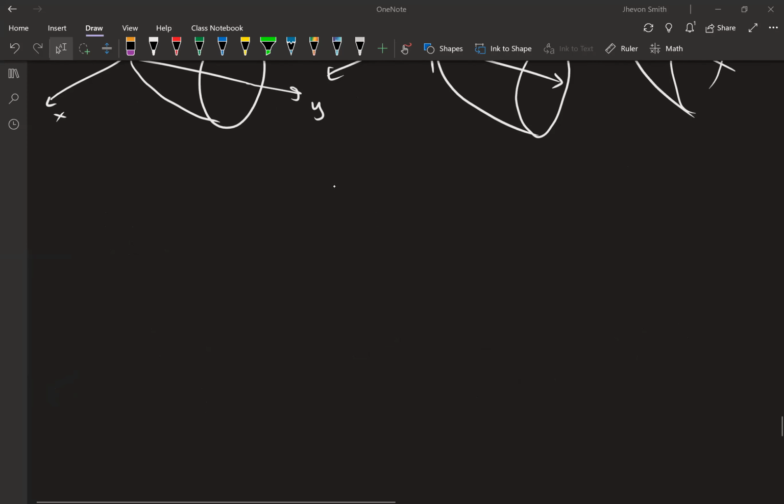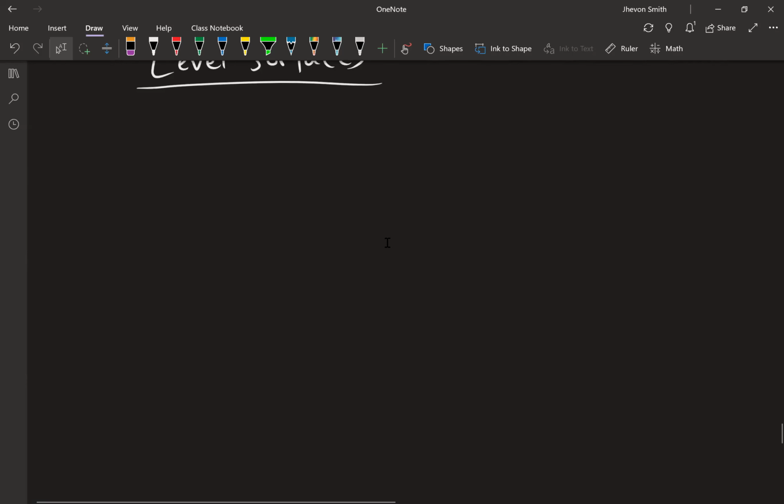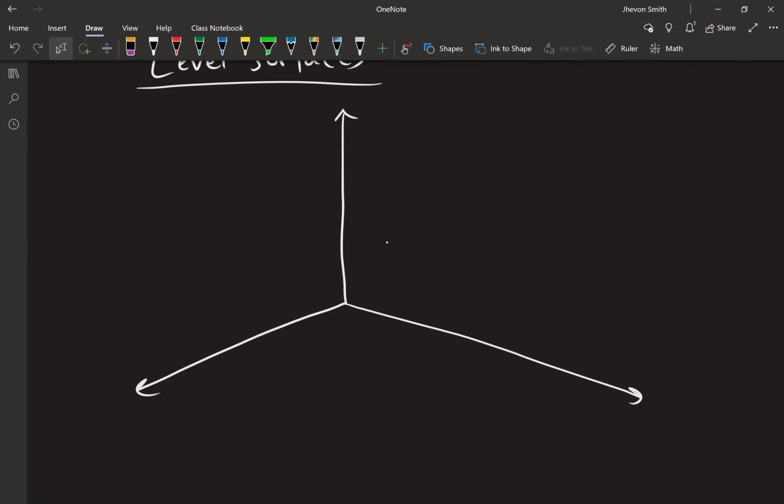And so the level surfaces, if someone were to draw a picture of this, while it's not 100% accurate, you should have the notion that this would be the right picture.